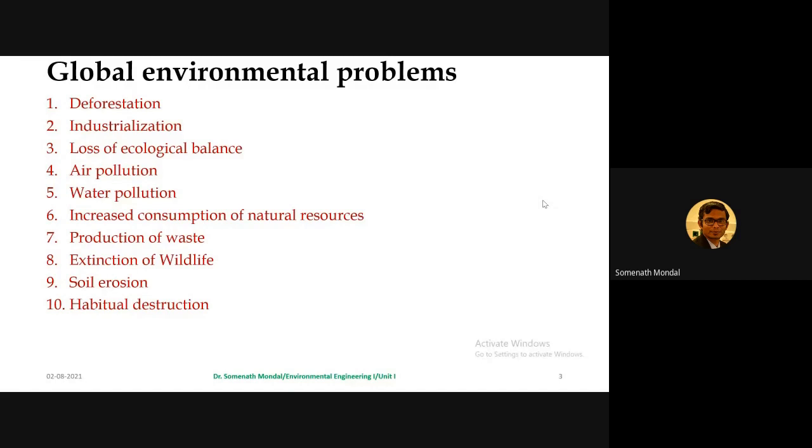Now, extinction of wildlife, that's what I was talking about. This is happening primarily because of deforestation, and then industrialization. Recently a movie was released on Amazon Prime. If you watch that movie, you'll get a very good idea about how deforestation and unplanned industrialization have caused severe damage to wildlife.